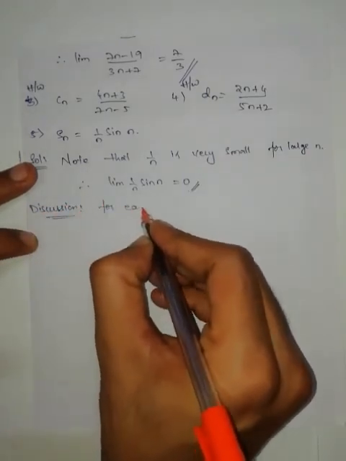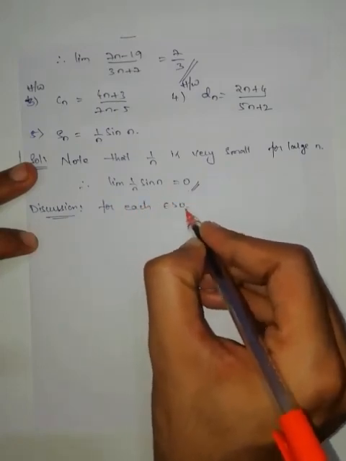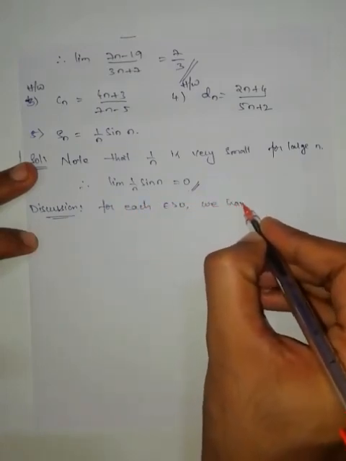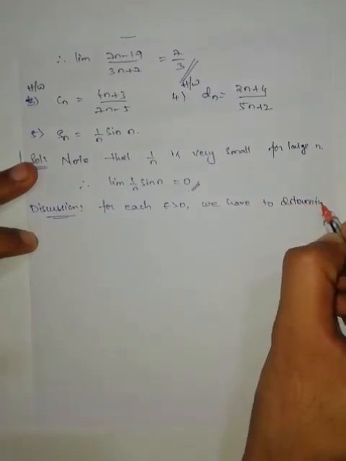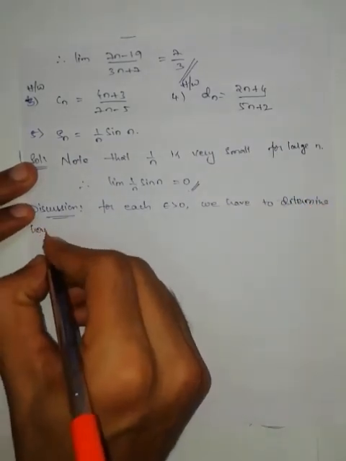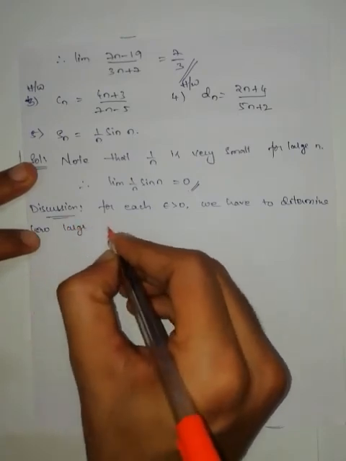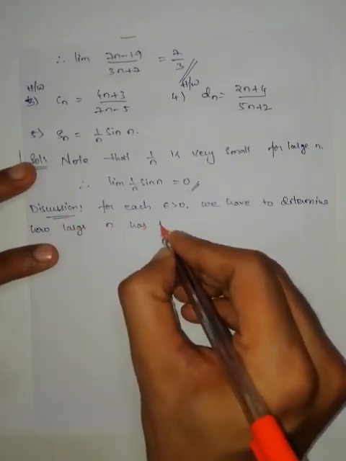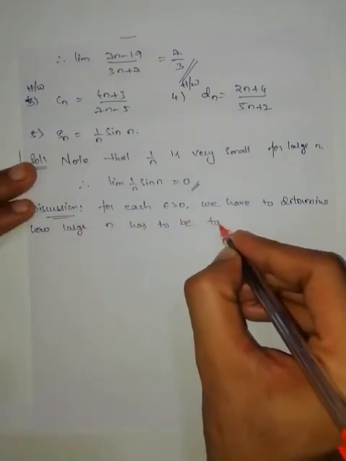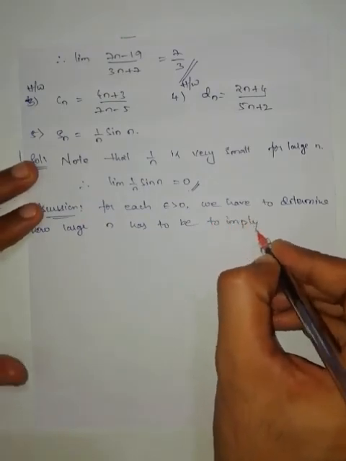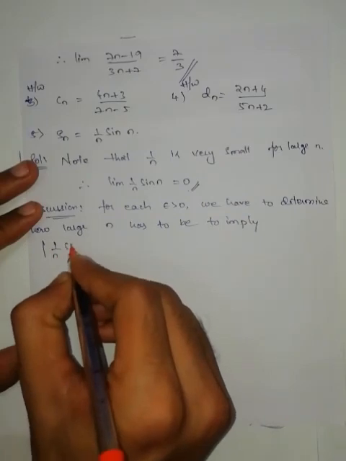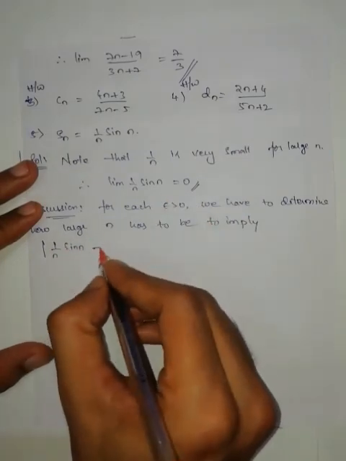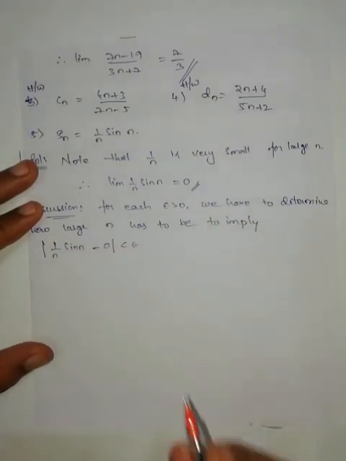For each epsilon greater than 0, we have to determine how large small n has to be to imply modulus of 1 by n sin n minus 0 is less than epsilon.